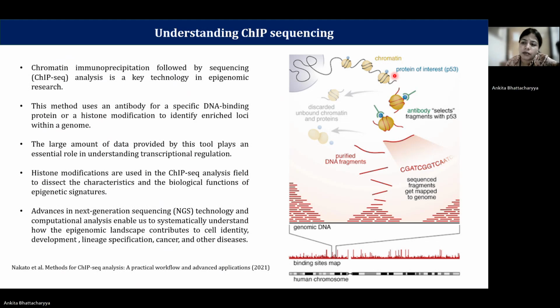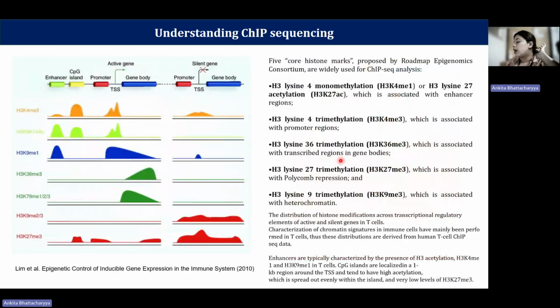And this is what your antibody gives you, and then you discard the unbound fragments and you sequence the purified fragment. That gives you this sort of a map, as you can see, which is a track for all of the regions where DNA has been sequenced from after it has been aligned to the reference human genome, so that we can conclude which regions are bound by our protein of interest inside the cell under the given condition that we are studying.